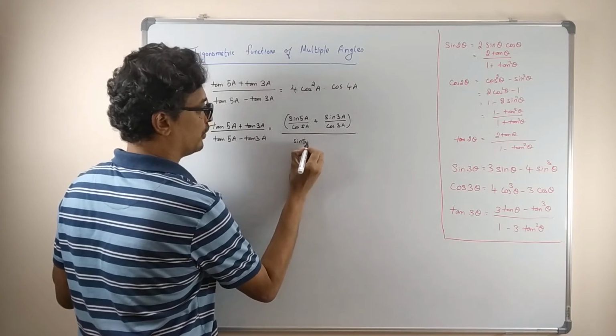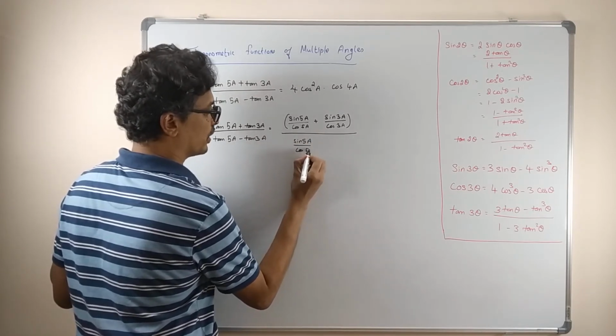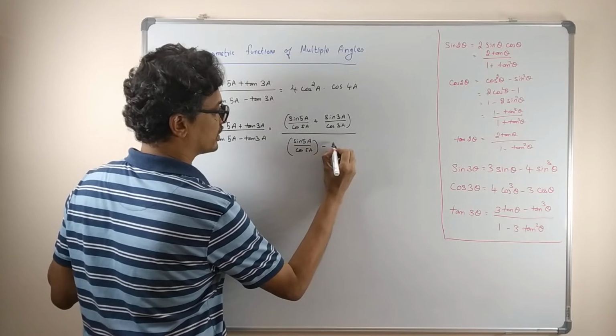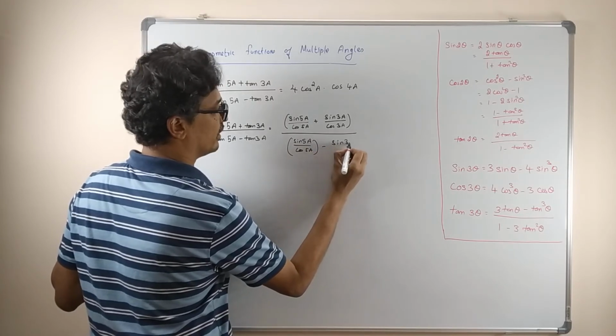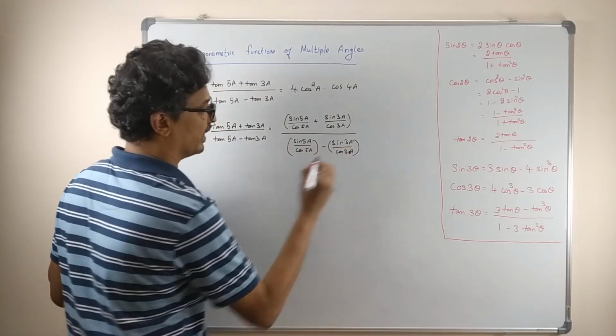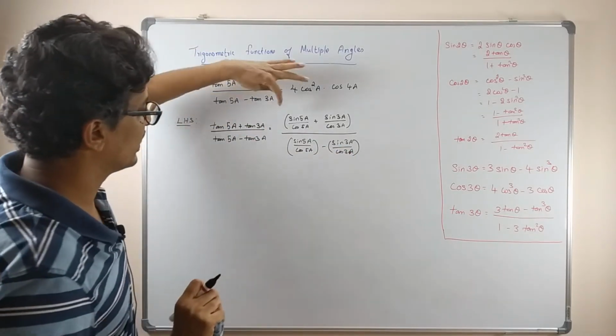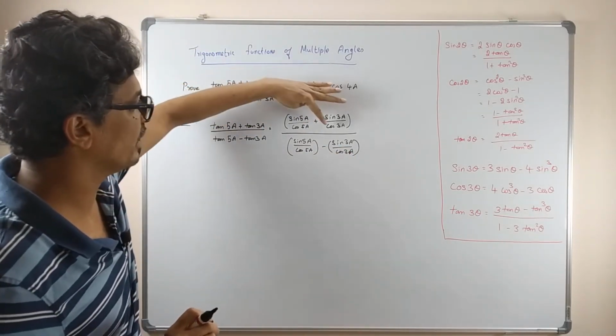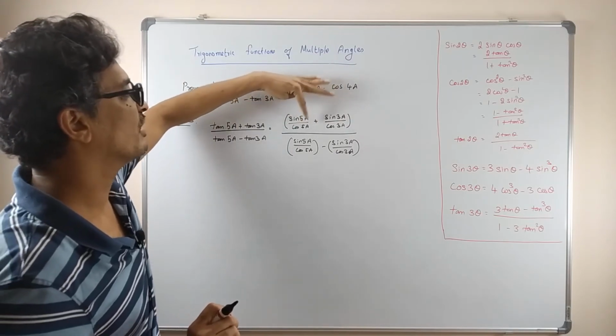Sine 5a by cos 5a minus sine 3a by cos 3a. See, from here itself you got an idea. You got it, na? So when I take the LCM, sine 5a cos 3a, okay, then cos 5a sine 3a.